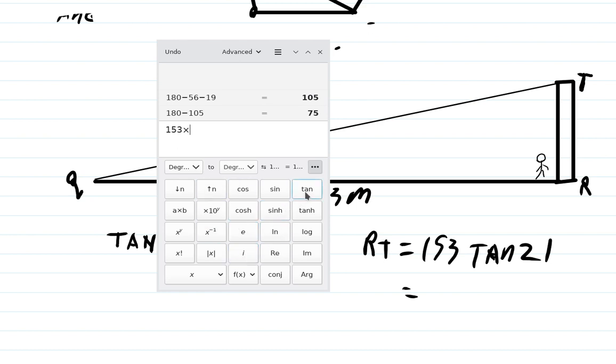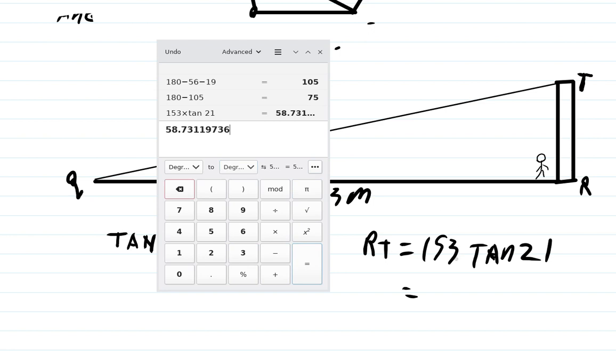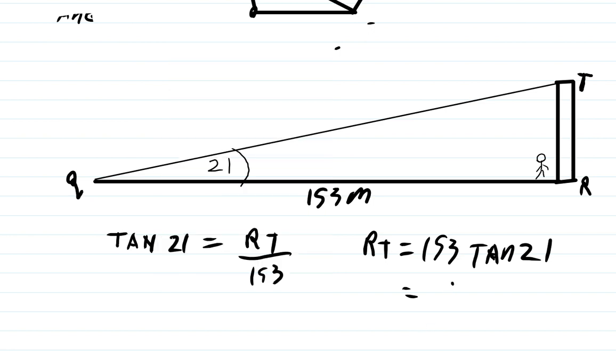Alright, times tangent of 21. Is it in degree mode, right? Right, it's degree mode. Equals 58.7 degrees. No, my gosh, 58.7 meters. Where did I get degree from? 58.7 meters, alright?